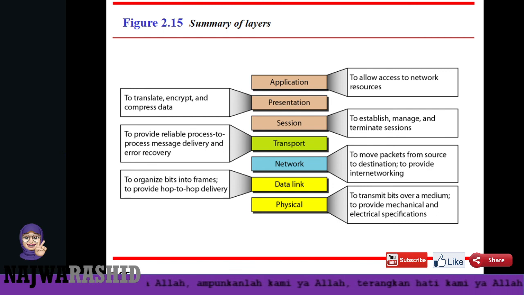So basically, these are the 7 layers in the OSI model. We have application, presentation, session, transport, network, data link, and physical. Physical transmits bits over a medium, responsible for the individual bit. Data link is about the frame, from hop to hop, from one node to another node, from end device to another end device. Network is the movement of the packet from the source to the destination.